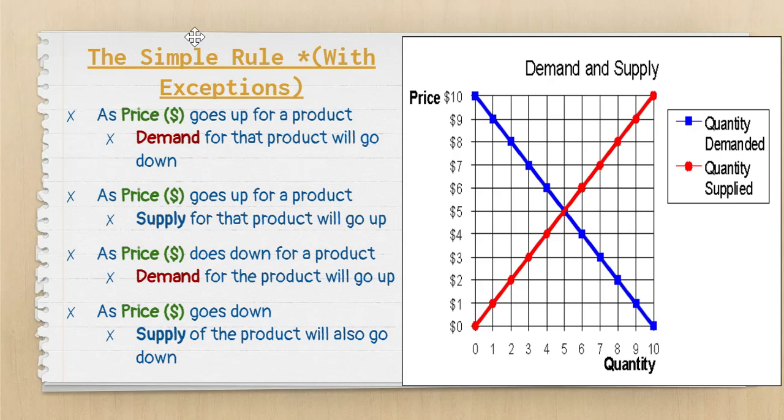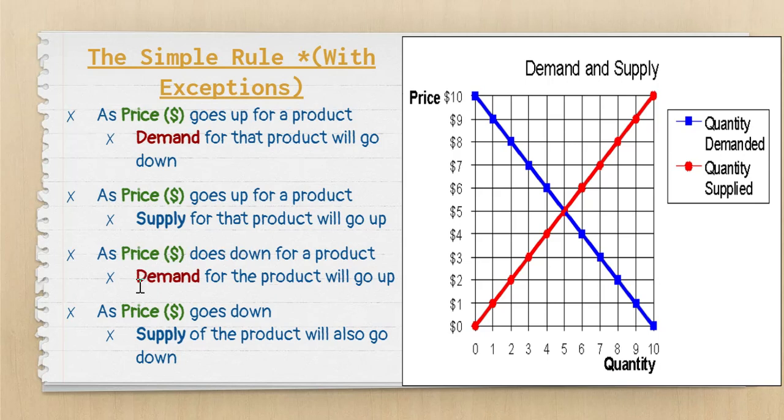But these are the simple rules for price. So price goes up, demand will go down. Price goes up, supply for that product, guess what? I can make money. Money will go up as well. But maybe price goes down. Well, if it's cheaper, you can bet that demand will go up as well.